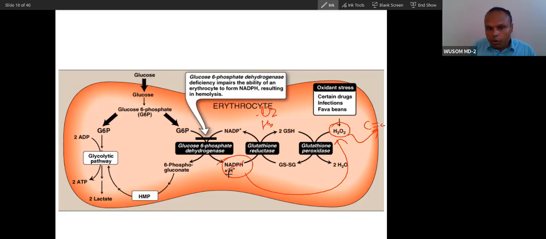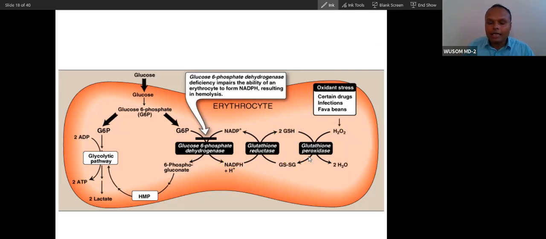The proton will be taken up by glutathione, and glutathione actually nullifies this. NADPH detoxifies this free radical through glutathione, and that is why this seems to be a complicated pathway.